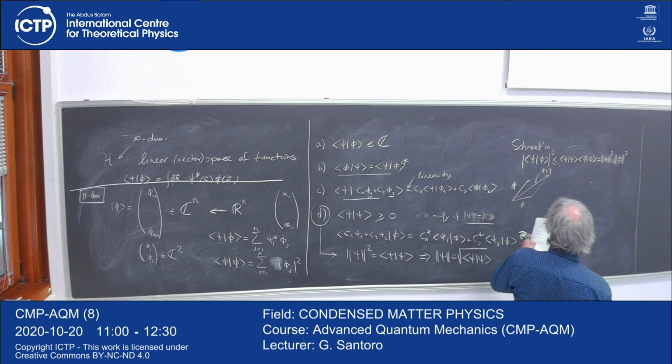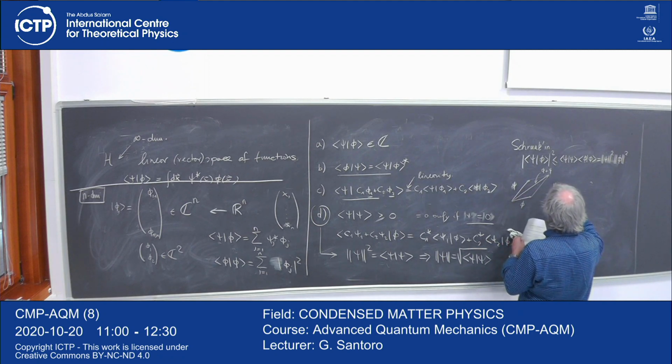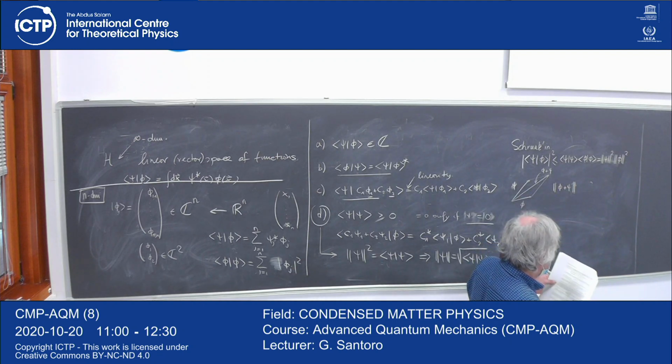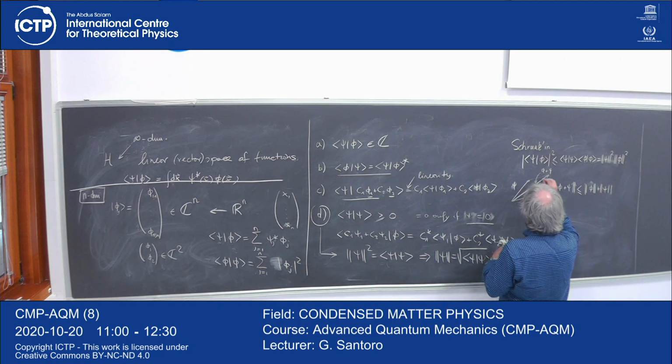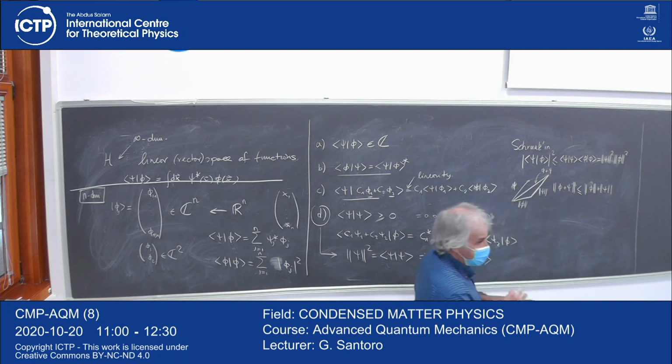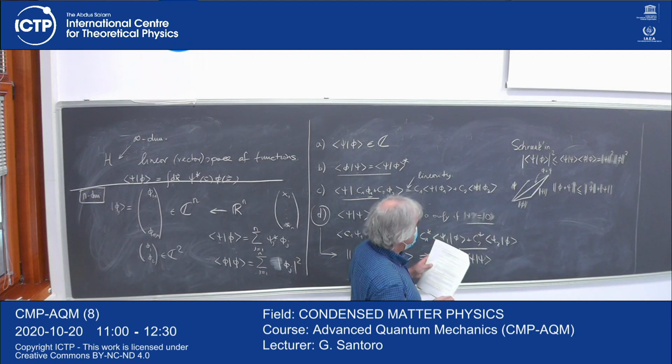Then the length of the vector phi plus psi, which as you see I'm not writing with cats, these are only vectors in this space, is less or equal to the length of phi plus the length of psi. In other words, this is less than this plus this. This is the length of phi, and this is the length of psi. So the length of the sum is less than the length of the two sides of this triangle. The hypotenuse is less than. Is it clear? This is the reason why it is called triangular inequality.